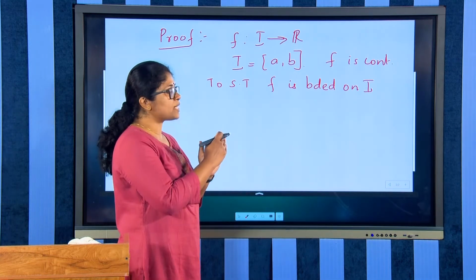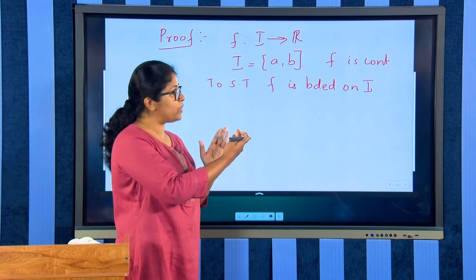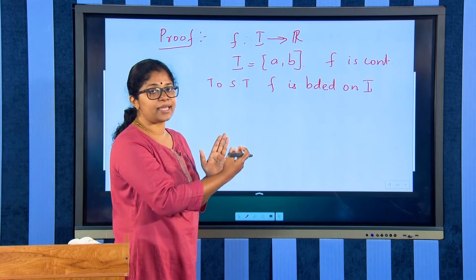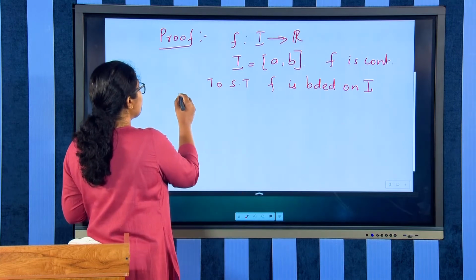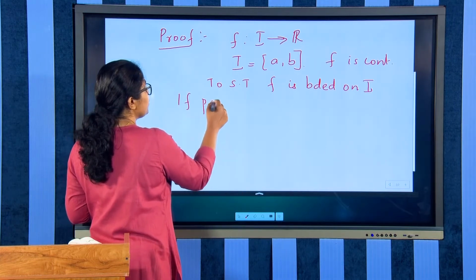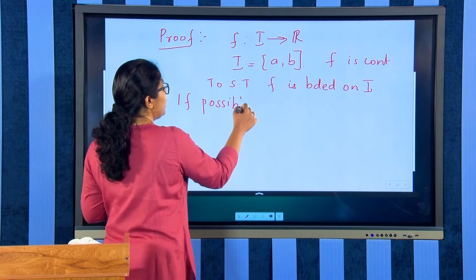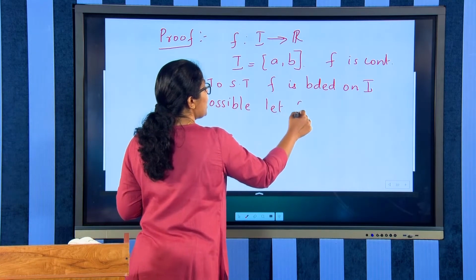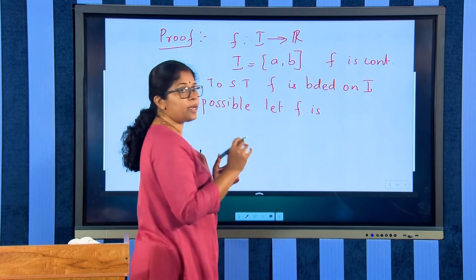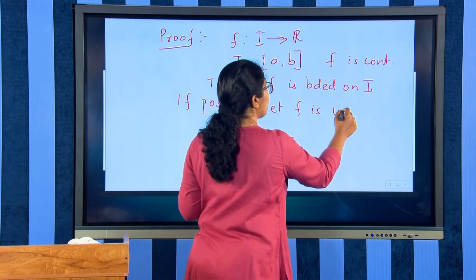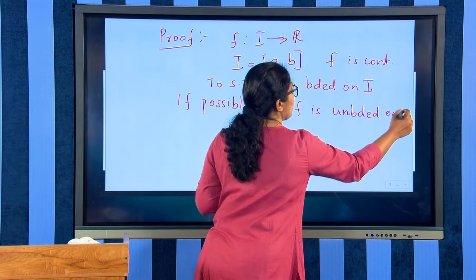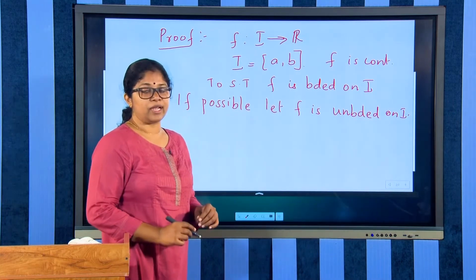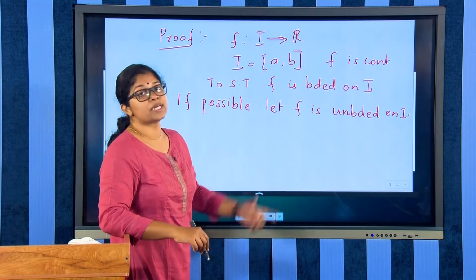To show something is true, we will use a technique in mathematics where we assume the contradictory. If possible, let f be not bounded, or unbounded, on I. What is the meaning of this unboundedness?